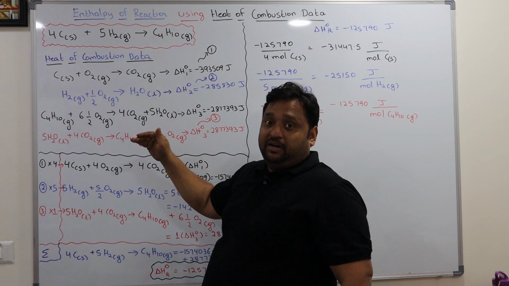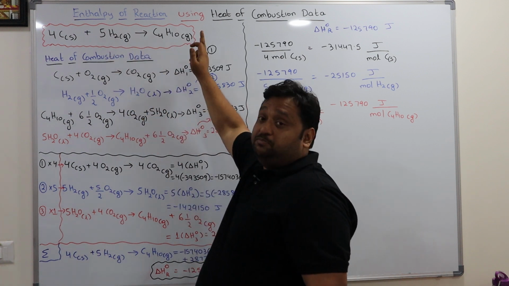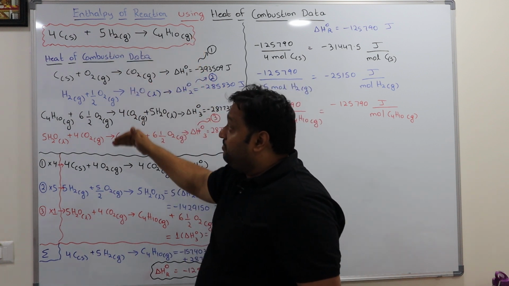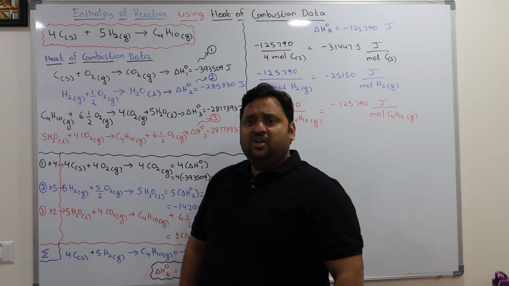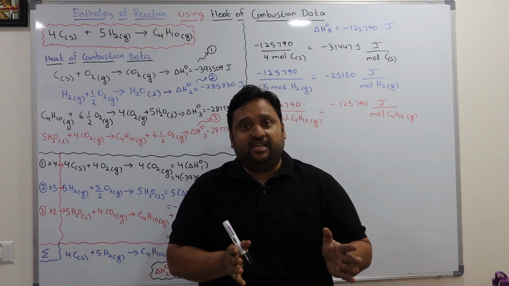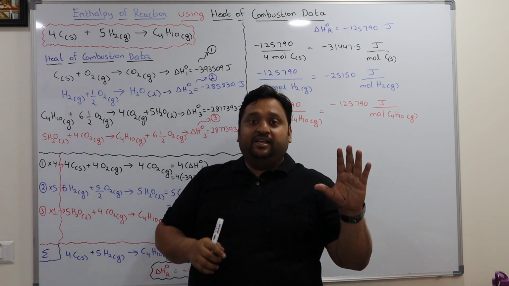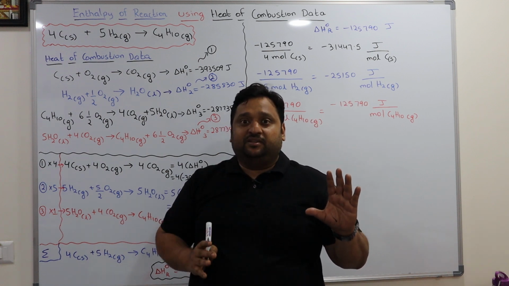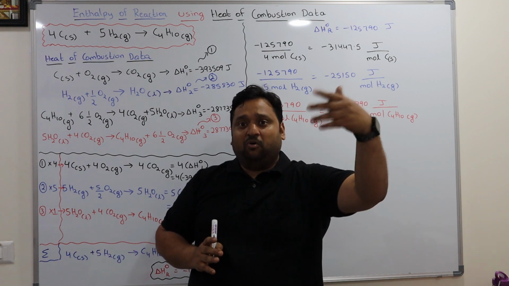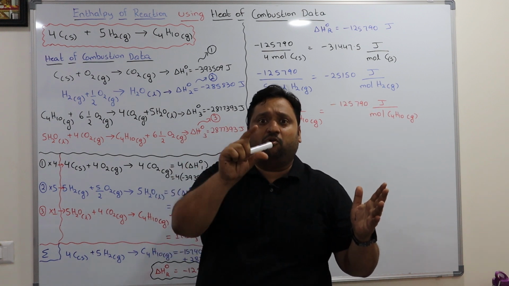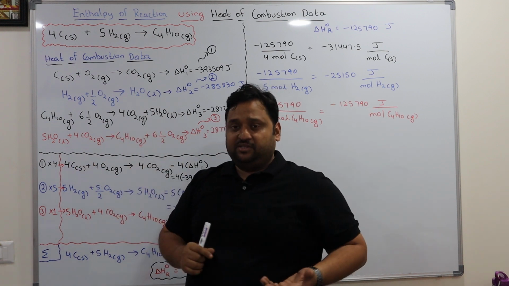The data available to find the enthalpy of this reaction is in the form of heat of combustion data. The heat of combustion is nothing but how every reactant is reacting with oxygen. Combustion means any molecule reacting with oxygen to form the products.